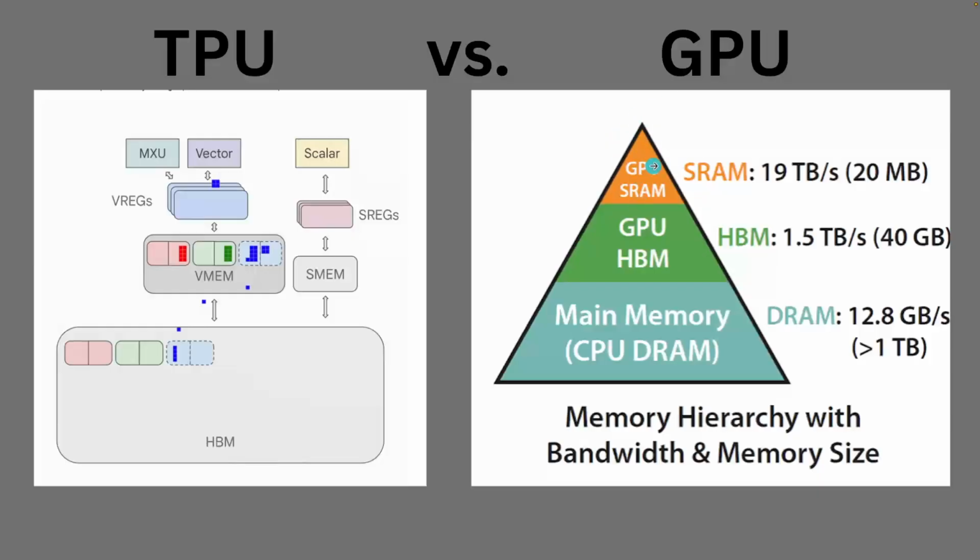GPUs also have L1, L2 cache and the register memory to have more hierarchy in memory, and you can clearly see that GPUs are more general purpose as compared to TPUs, and TPUs are only made for matrix multiplication and vector operations.